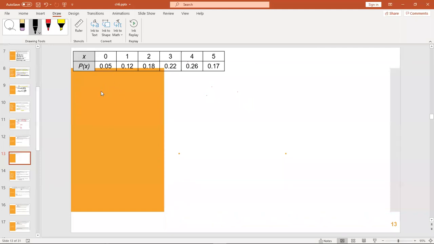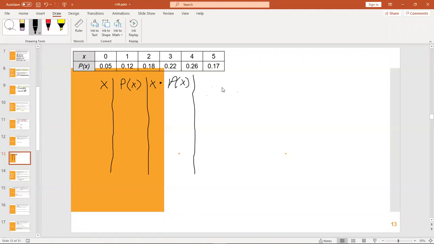So here's how I like to do this. We're going to have x over here, p of x right here, and then our next column is going to be x times p of x. We're just going to multiply those together.